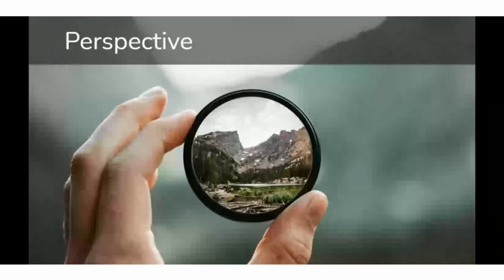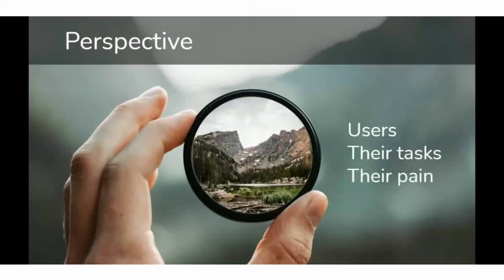By understanding your users, understanding their tasks, and more importantly, understanding the pain they're trying to solve by using your software, you can start to get a perspective of what you should be focusing on, what's important, how it fits with other things. And that's the guiding principle of UX, to provide that perspective.